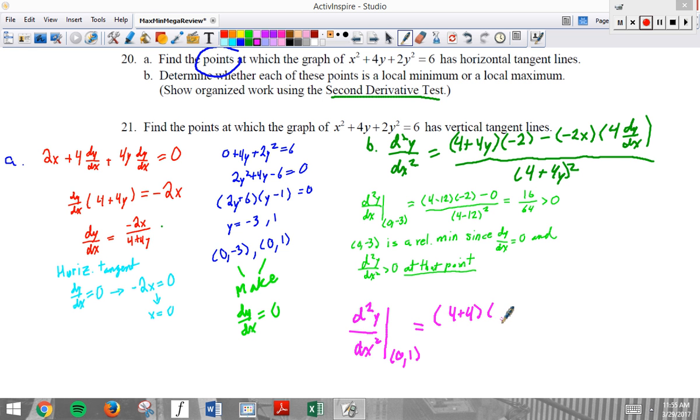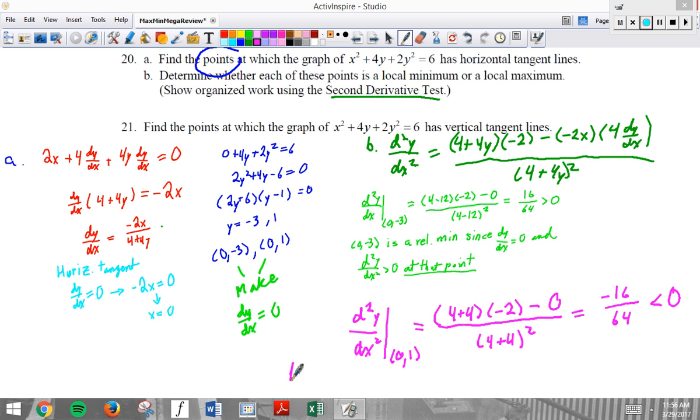That will be negative 2 still. That whole thing is 0 because, again, at that point, the first derivative is 0, and also x is 0. So it's really hard to screw this problem up. Although it's possible. Don't get me wrong.